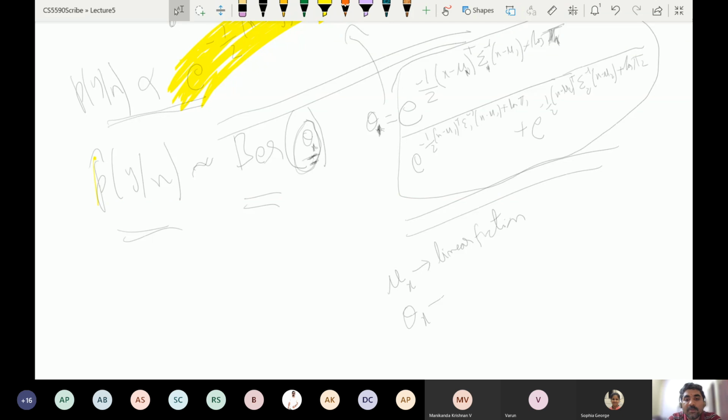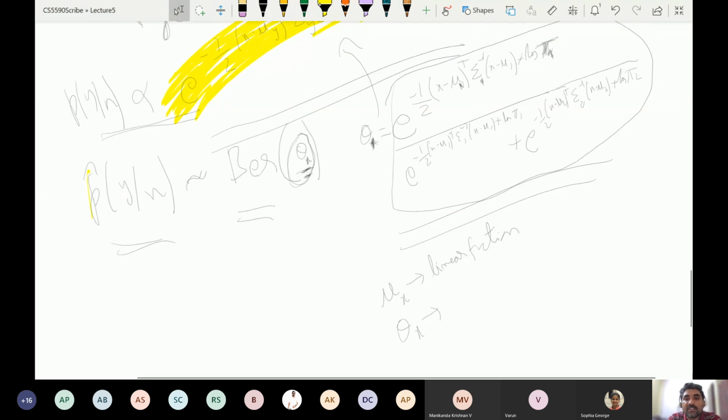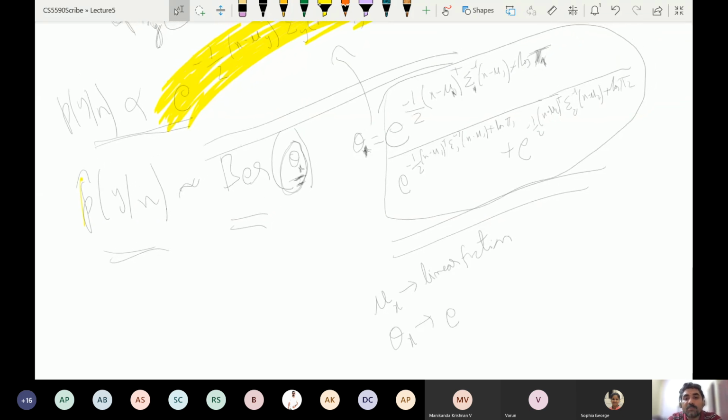Here, what is the relationship? It is not a linear function. It is e to the power of some quadratic function. Okay. Is this clear? Why did e to the power of come? Because first of all, theta is always positive. So you can't write a linear function or quadratic function, because these things can take negative or positive values.